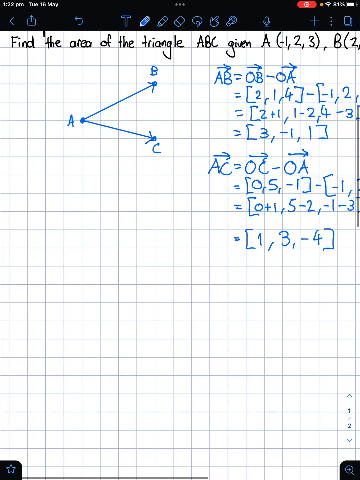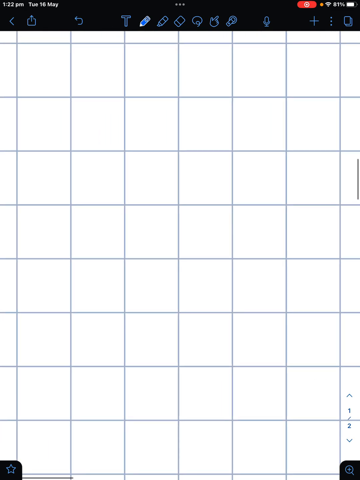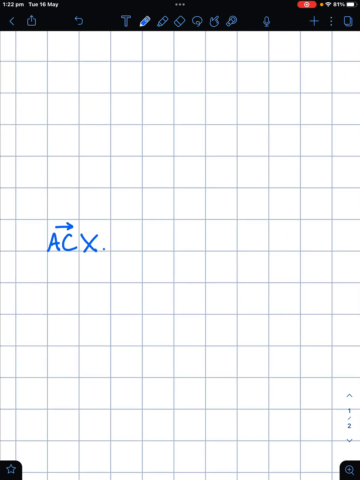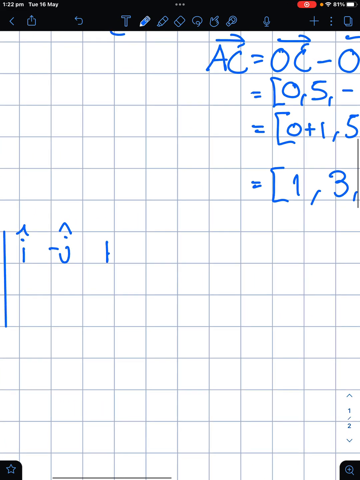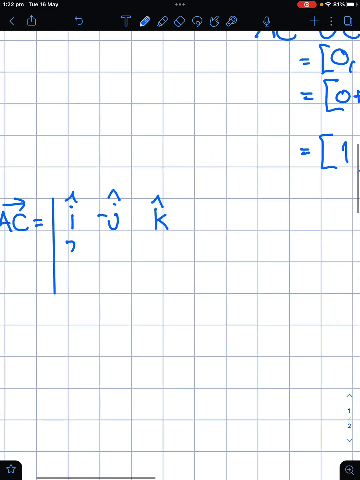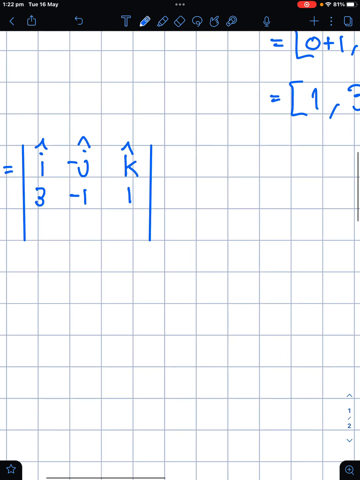So let's just go, the cross product, A to C. Oh, that's a bit weird. I should have done B first. A to B, AB cross product with AC. And this is going to be equal to, we do our vector lines, I, J with a negative, K, and then our 3, -1, 1, and then our other vector was 1, 3, and -4.